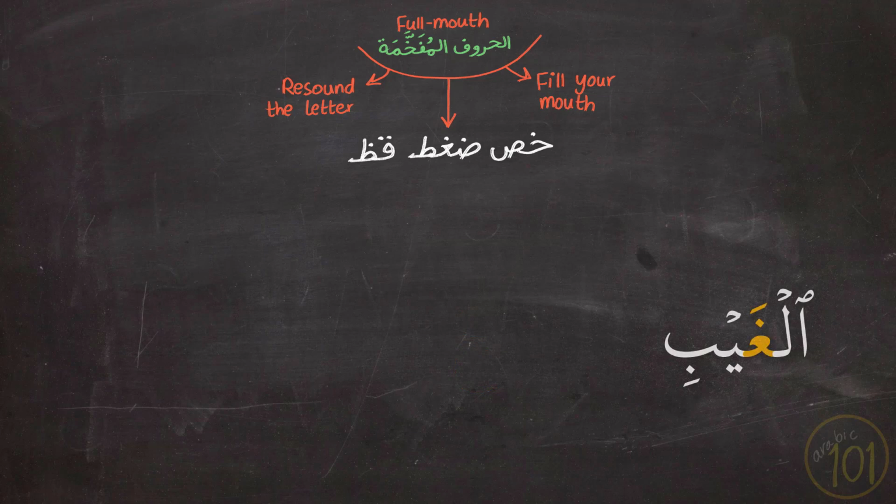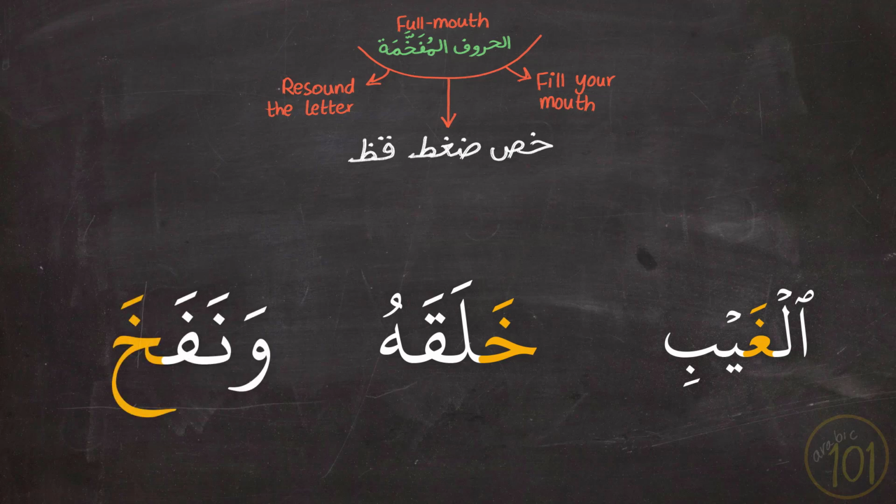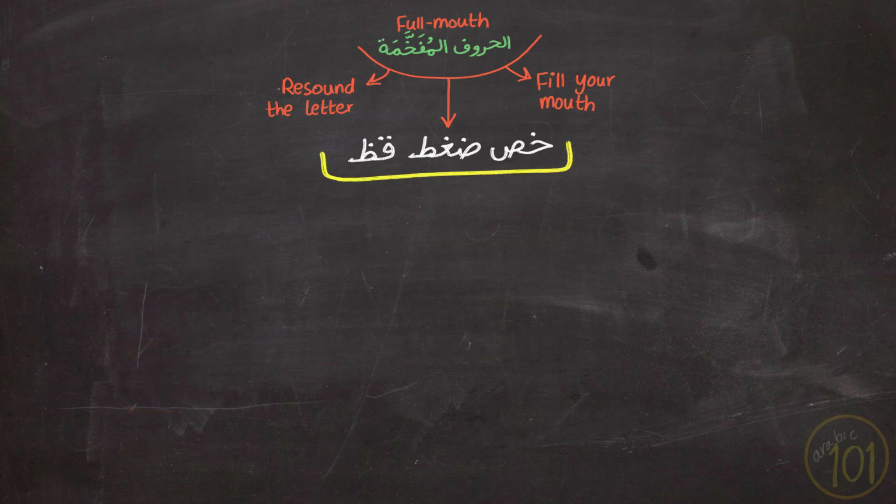As you have heard, we say غيب, not غيب. We say خلقه, not خلقه. And we say نفخ, not نفخ. Finally, it is important to know that there are degrees of how full these letters get.